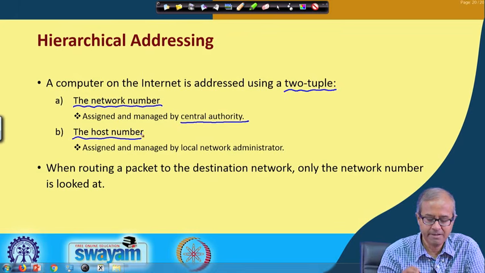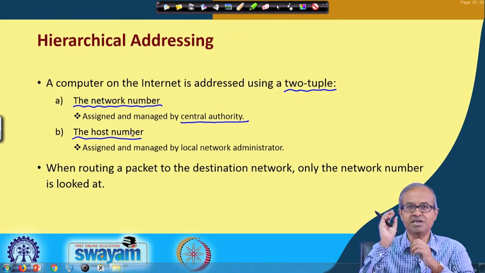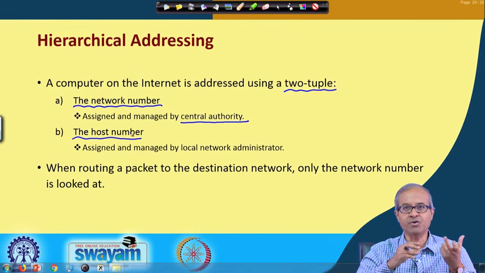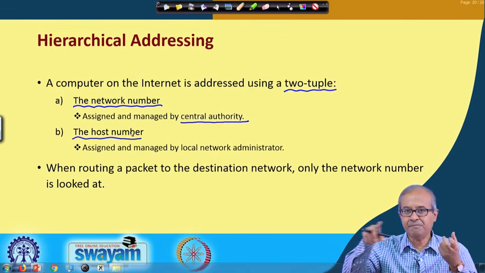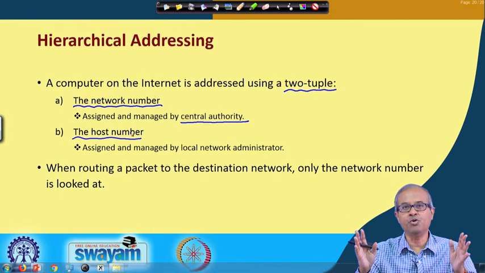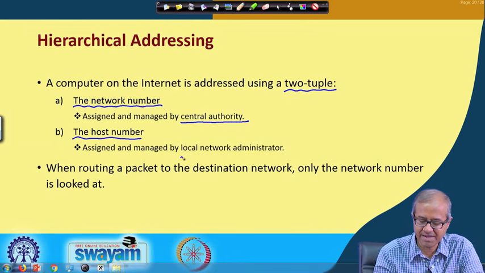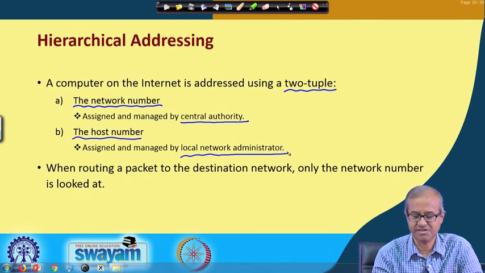This of course can be managed by the local authority. Suppose in your organization you have a unique network number, but inside you have 1000 computers. You can number them 1, 2, 3, 4, 5, 6 up to 1000. That is up to your local administrator to manage. So, the host numbering can be done by the local network administrator.